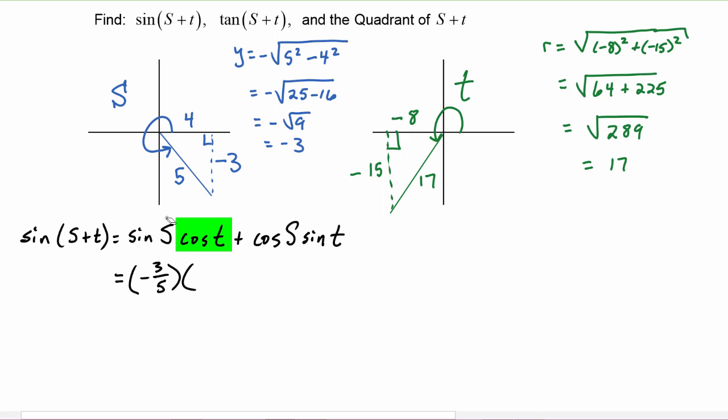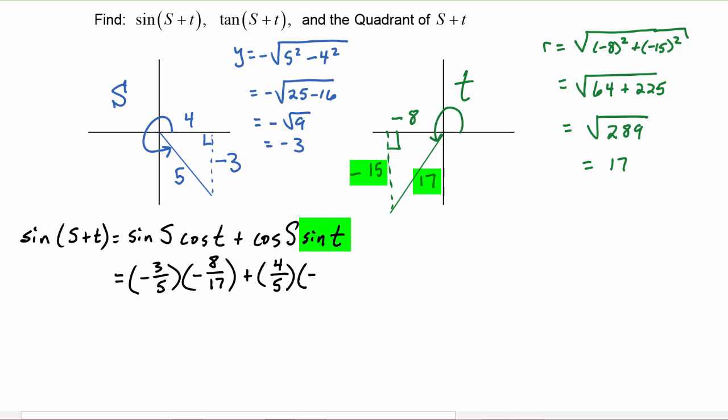Cosine of T is going to be the x value over r, so negative 8/17, plus cosine of s is going to be the x value over r, 4/5, times the sine of t, which is y over r, negative 15 over 17.